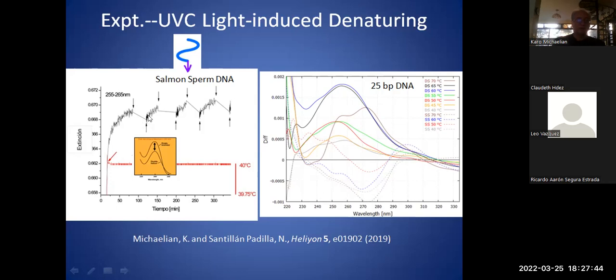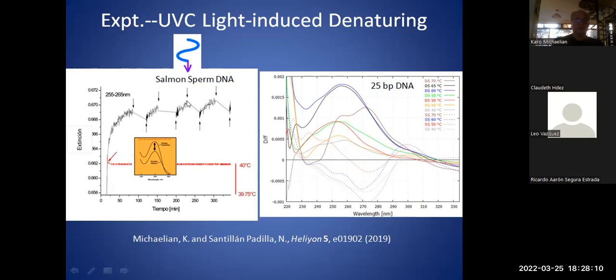And you can see that whenever we turn the light on, we go up in absorption, extinction. This is really absorption here. So what's happening is we're going from double strand to single strand, this hyperchromic effect, increasing the absorption. Then when we turn the light off again, we get renaturing. So the system goes back to double strand, so we get less absorption.